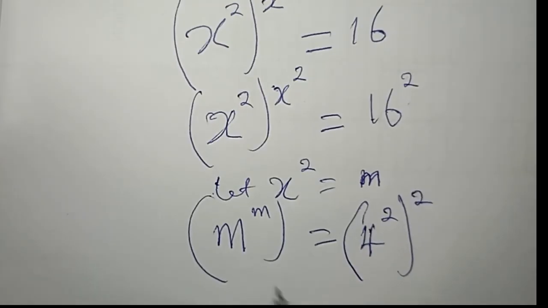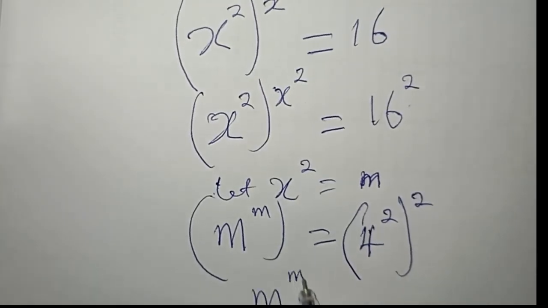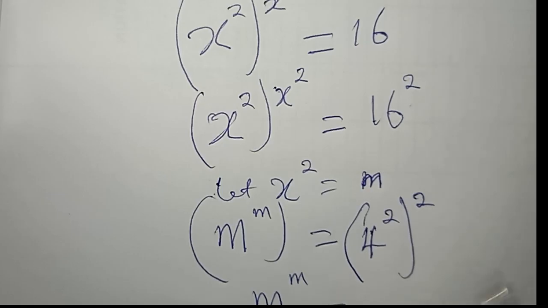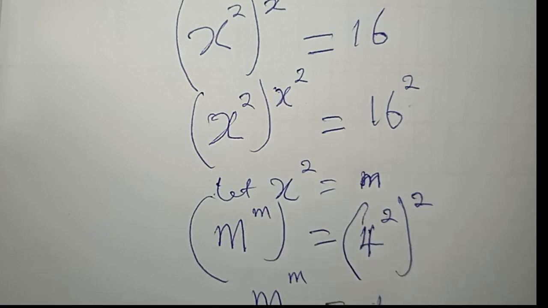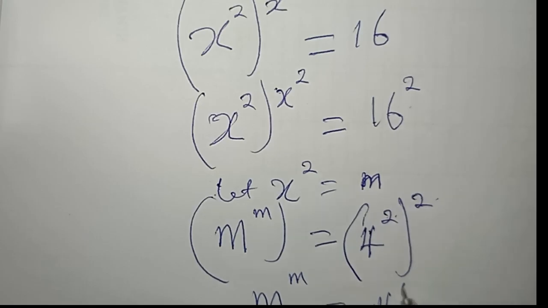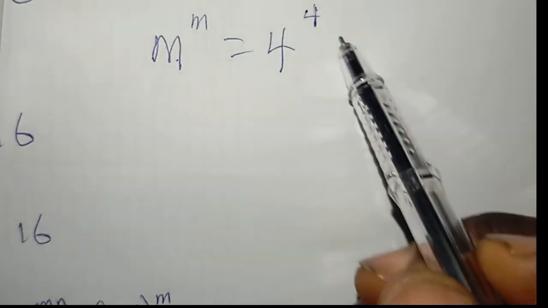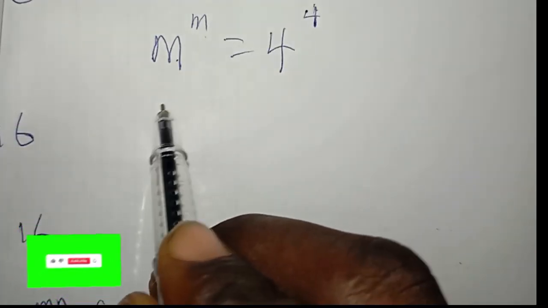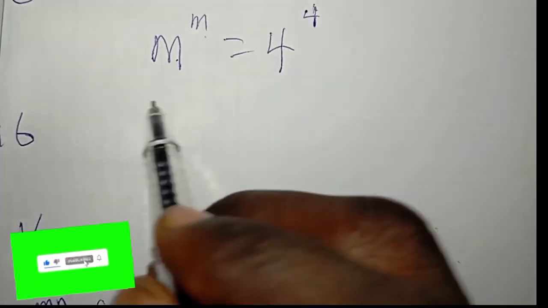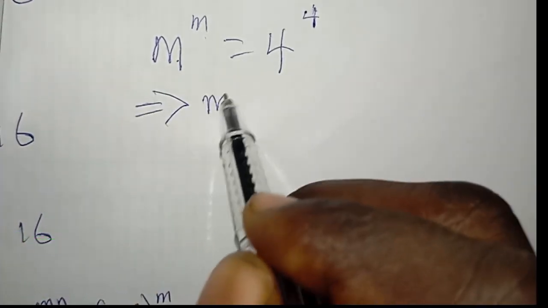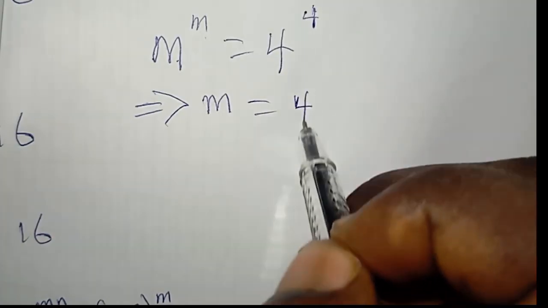So that I will have that m power m is equal to, now I can also multiply these two right here, so that if I do that, this is equal to 4 power 2 times 2, which is 4. Okay, so we have m power m is equal to 4 power 4, and if you now compare the coefficients, this is going to imply that our m is equal to 4.